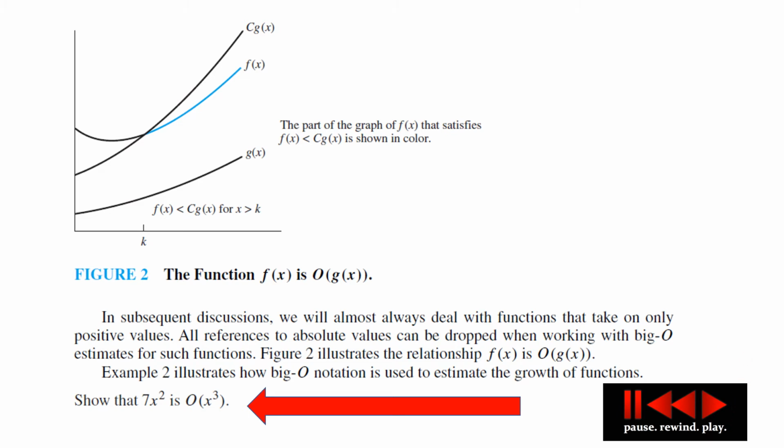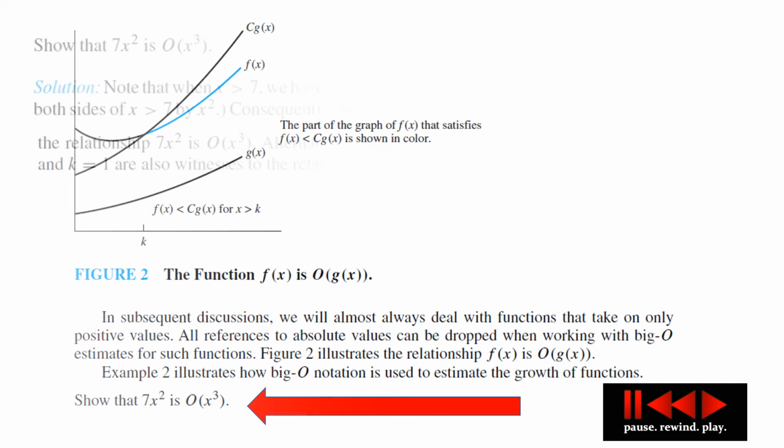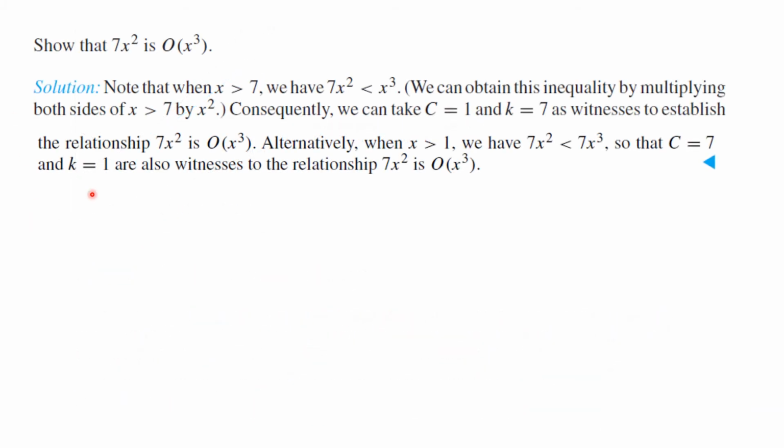Let's see how you did. Okay, well, again, we have to find k. So we note that when x is bigger than 7, 7x squared is less than x cubed, because to go from x bigger than 7, we multiply both sides by x squared, and we get this.